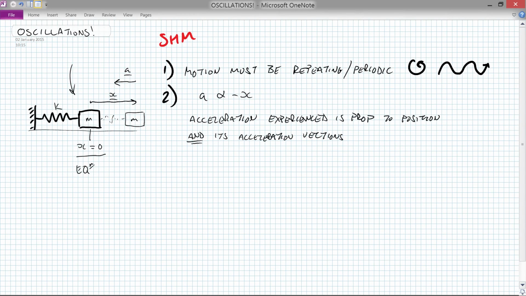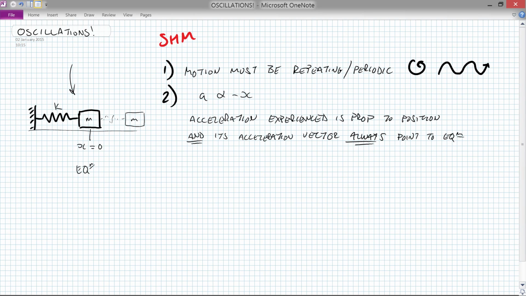And what that means is that acceleration vector always, and I'll underline that because it's important, always points to equilibrium, EQM. So that's rule number 2. These vectors are always proportional and opposed, and we'll see that coming into play in a sec.